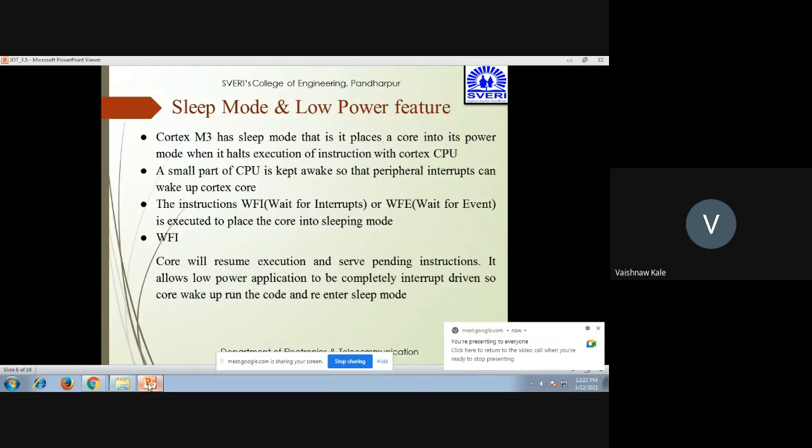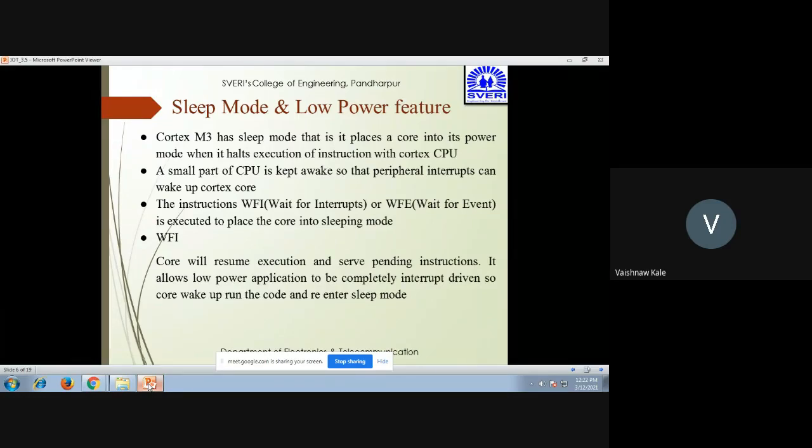First of all, it is running the program in full running mode. And when an interrupt is sent, it goes into the sleep mode. And then again the core wakes up, runs the code and re-enters into sleep mode. So in this way, it keeps on running and entering into the sleep mode. And why is this sleep mode there? Because it will have a low power feature.